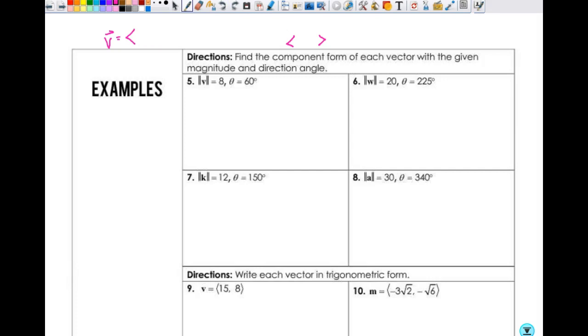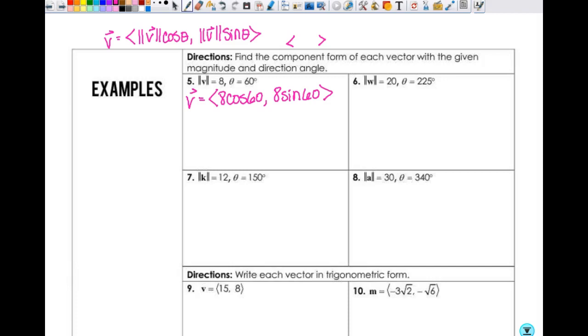Instead, it is the magnitude of v times the cosine of theta, and then the magnitude of v times the sine of theta. It's kind of like r cosine theta, r sine theta that we did before. So the vector is equal to 8 times the cosine of 60, 8 times the sine of 60.